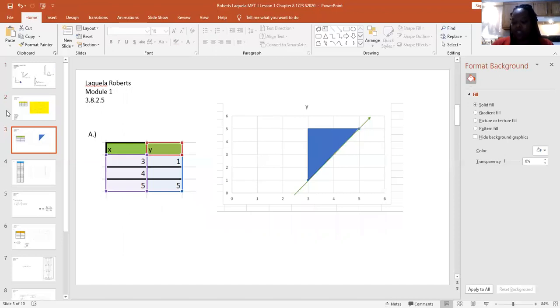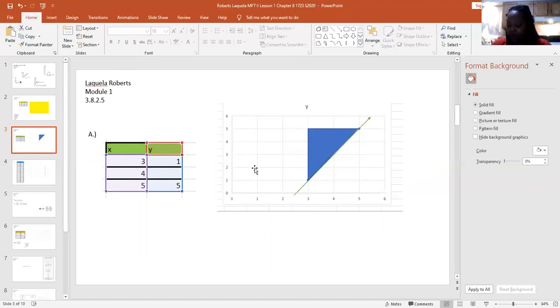So next we're going to talk about line segments, okay? As you can see, we have our x value and our y, and we have 3, 4, and 5.